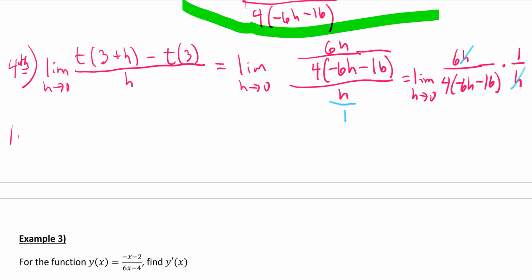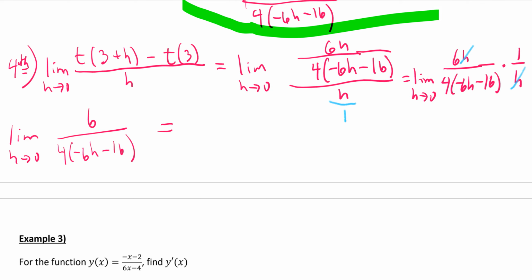And the reason that's key is because then after we do that, let's clean things up a little bit here. Then we're going to be able to plug 0 in for h. So we're going to have 6 over 4 times negative 6h minus 16 after we cancel the h's.